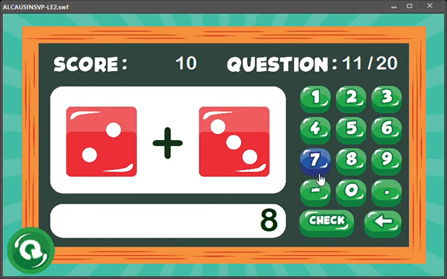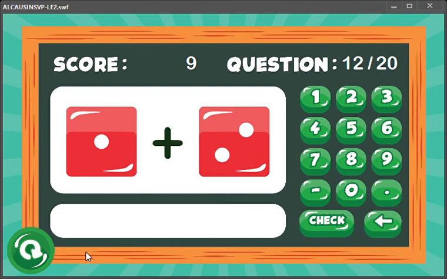Let's input 8. If we check with 8, an X mark shows up, and the score subtracts 1 point if you get an answer wrong, but you still move on to another question.